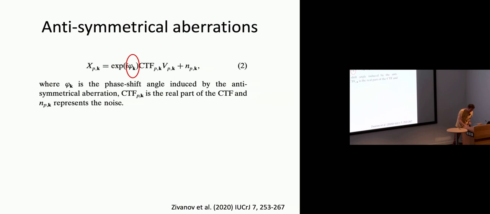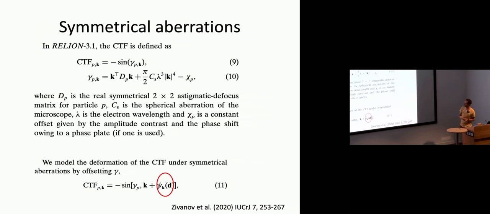And on top of that, those are called the antisymmetrical aberrations. I'll come back to them in a minute. On top of that, you also have symmetrical aberrations, and these are aberrations that actually affect the real value of the CTF function itself. So the CTF function, as briefly explained by Richard, is a sine function. It has a defocus component there, d_P, and it has a spherical aberration component, Cs.